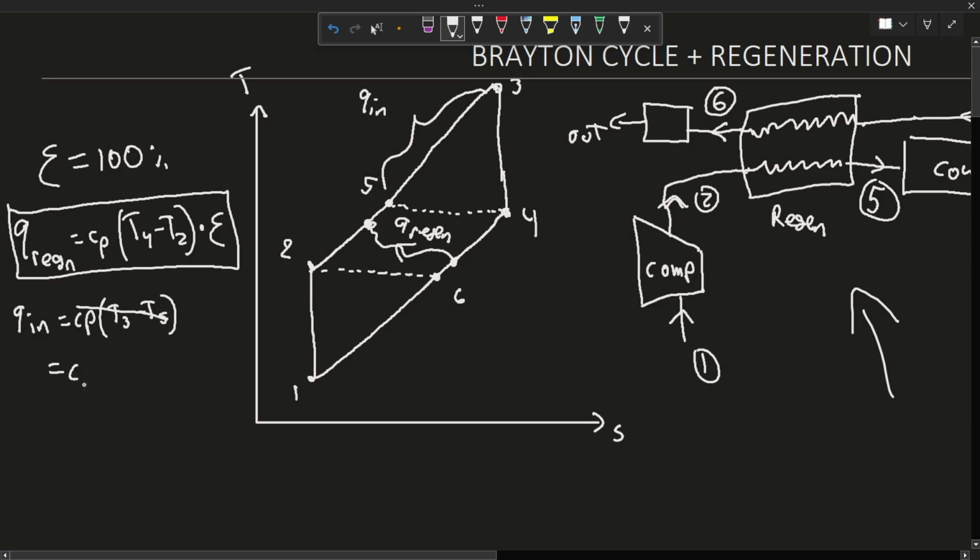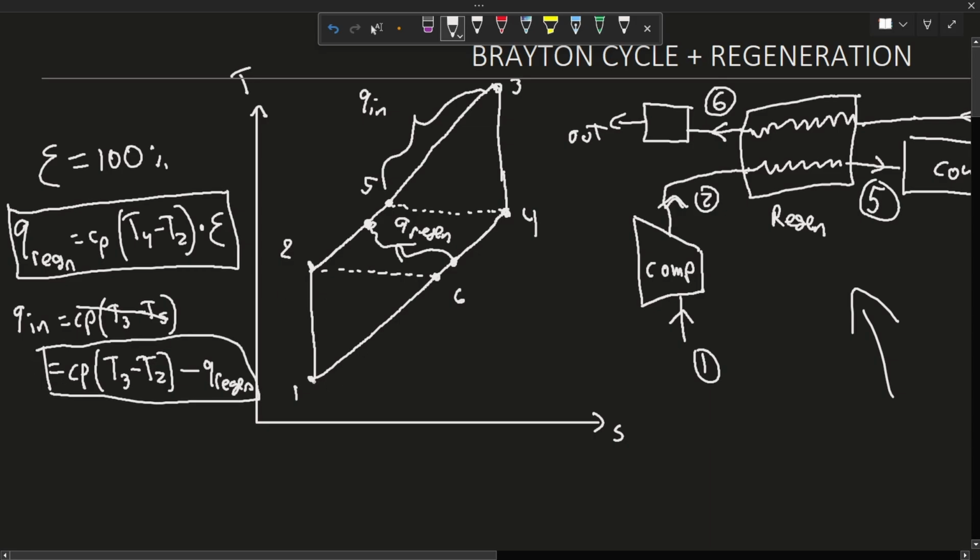You're going to have to use Cp and take this entire part from T3 to T2, just like in the simple Brayton cycle, and then you subtract the Q regen. This is the formula you want to use for Qin.